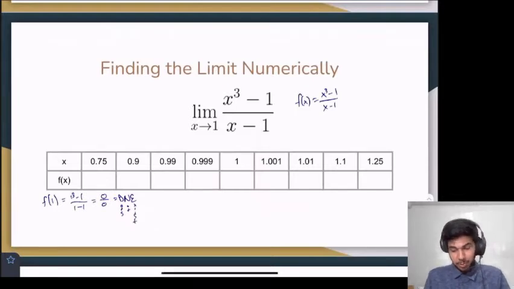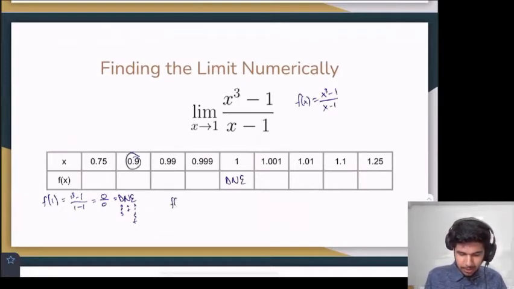So, we don't know what f of 1 is, so we're just going to put DNE in the chart. But we can evaluate it for the other values and see what f of x approaches as x gets closer and closer to 1. So, let's just start with 0.9 here, right?